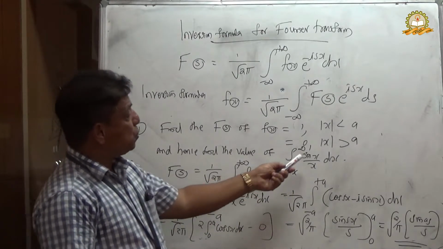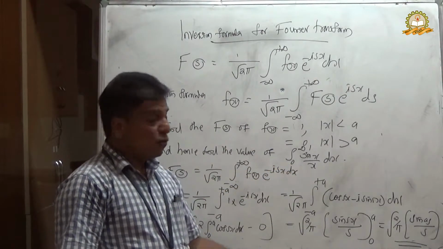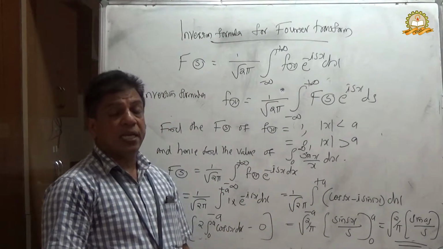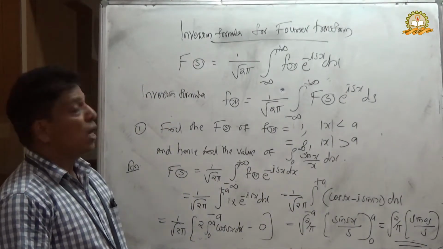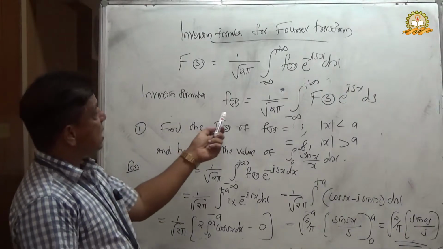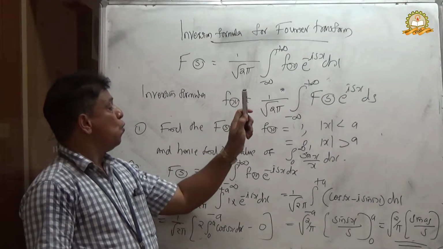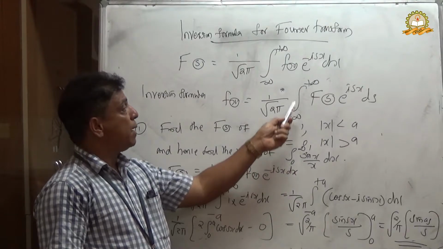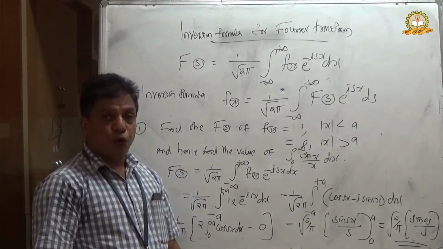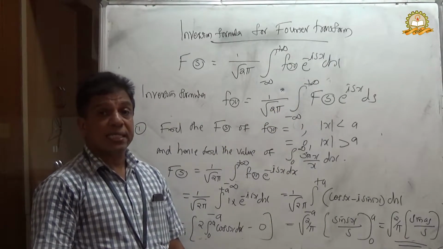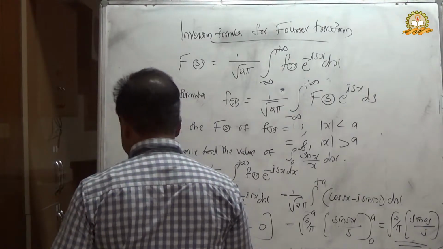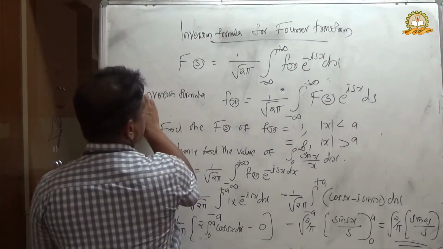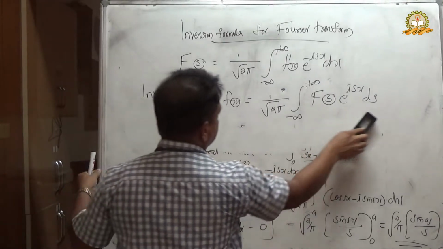To evaluate the integral from 0 to infinity of sin x by x dx, in this case we can apply the inversion formula for the Fourier transform. The inversion formula says that f of x is equal to 1 by root of 2 pi times the integral from minus infinity to plus infinity of f of s e raised to isx ds. Then we can apply the formula.